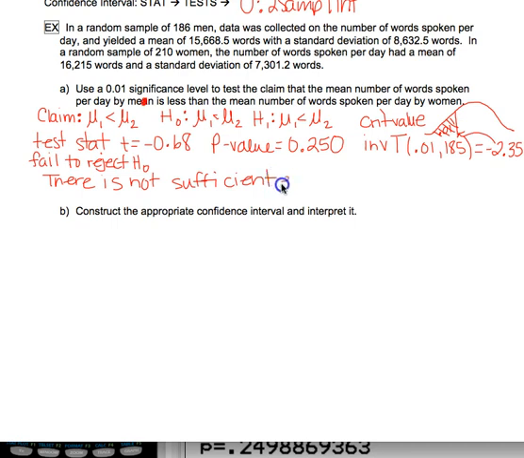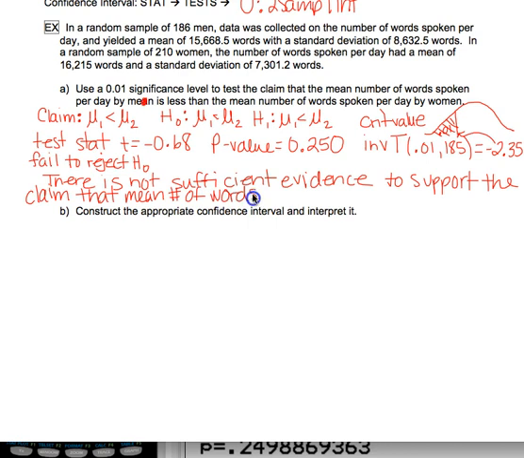There is not sufficient evidence to support the claim that the mean number of words spoken per day by men is less than the mean number of words spoken per day by women.